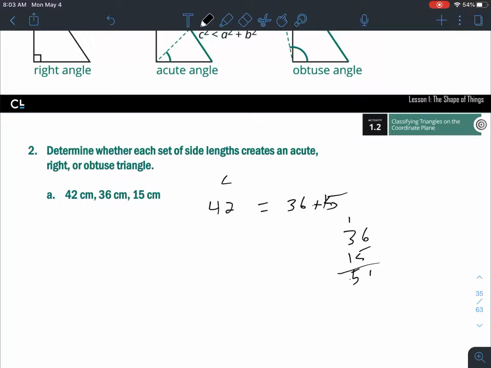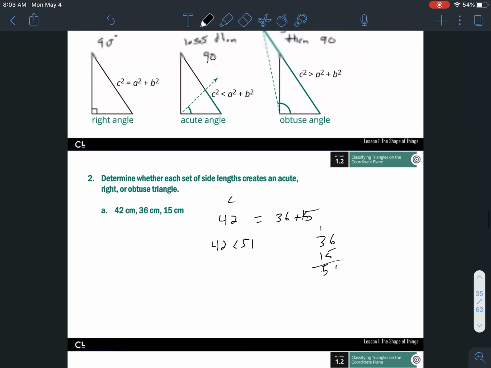So we know since it's larger, 42, 52 or 51, I should say, is larger. Did I do it right? Hold on, guys. Sorry. They gave me the opposite.